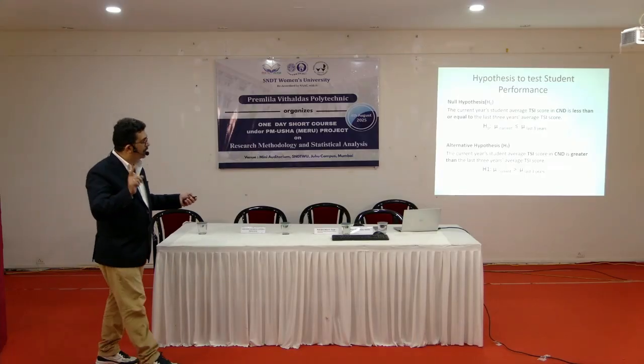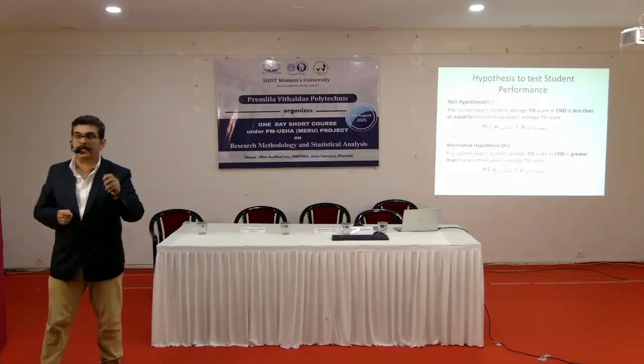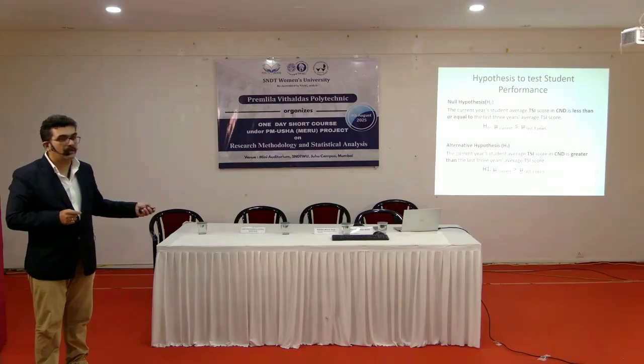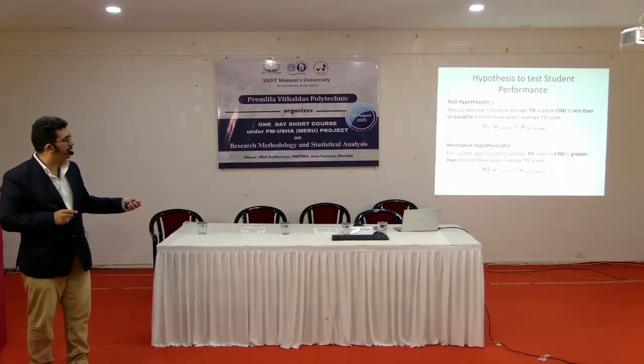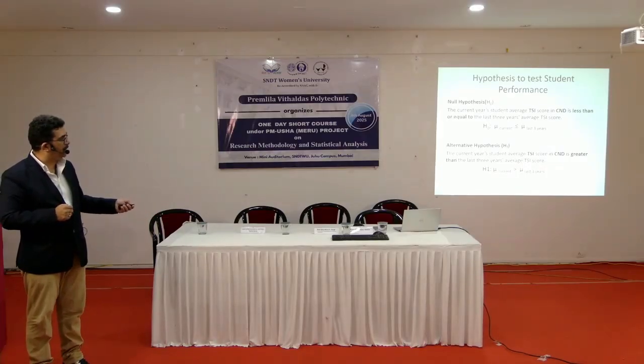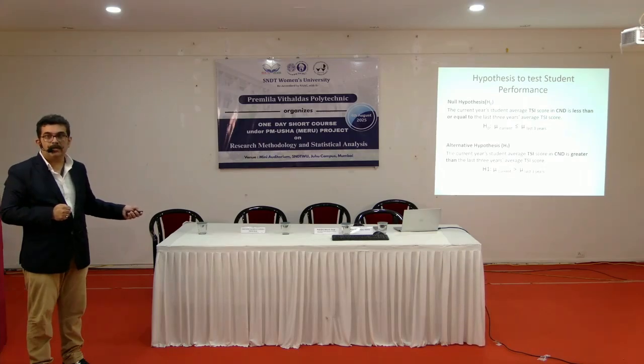One thing I forgot to tell you: the hypothesis is always formulated based on the alternate hypothesis. The statement we prepare is on the basis of the alternate hypothesis, not the null hypothesis. So see the alternate hypothesis: the current year student average TSI score in CND is greater than the last 3 years average TSI score or not.